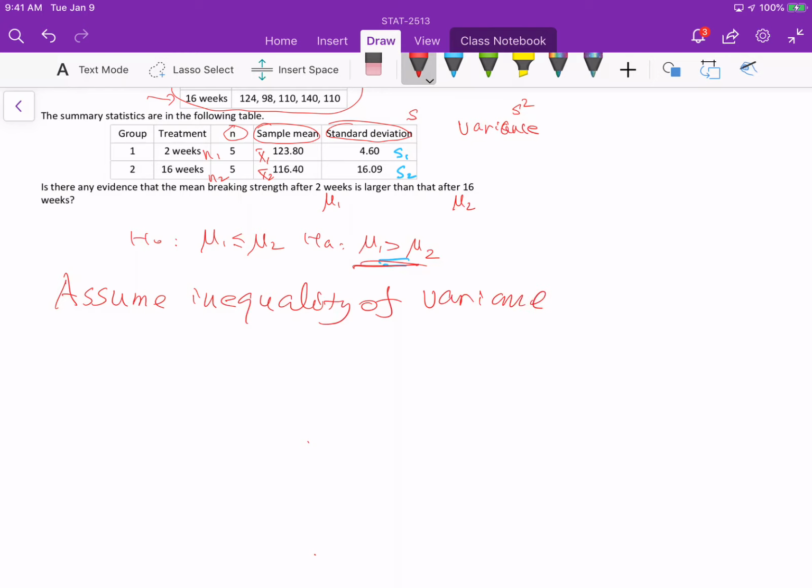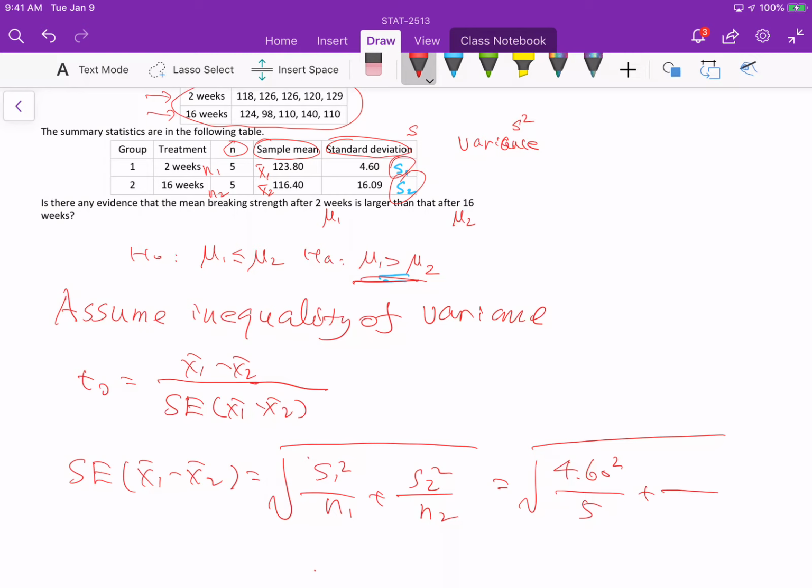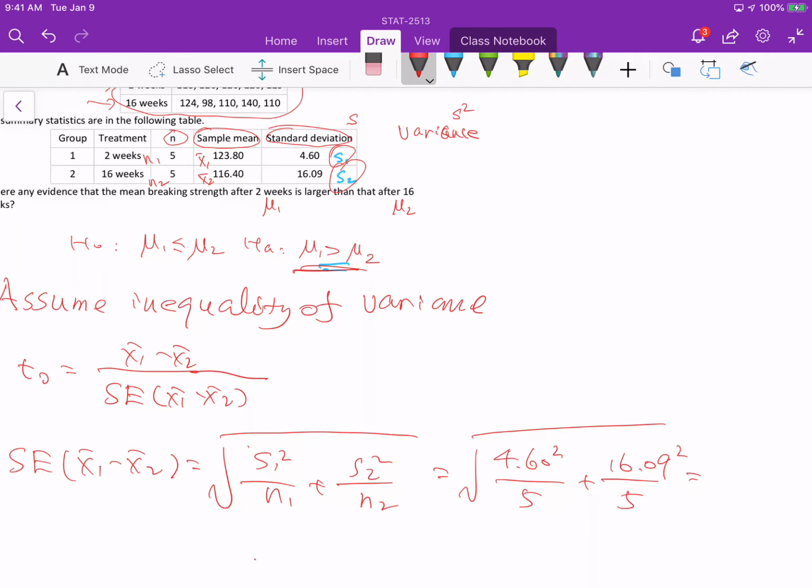In this case, the standard error of x1 bar minus x2 bar is the square root of s1 squared over n1 plus s2 squared over n2. This is x1, this is x2, and we plug in the values: 4.60 squared over 5 plus 16.09 squared over 5.